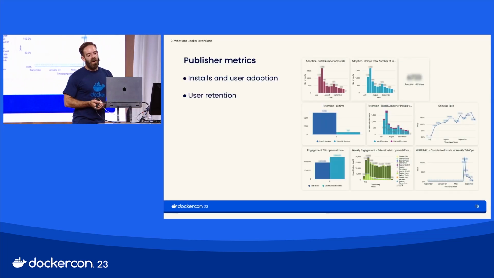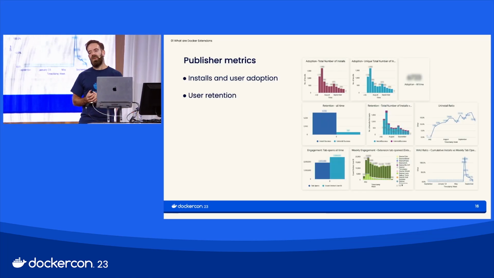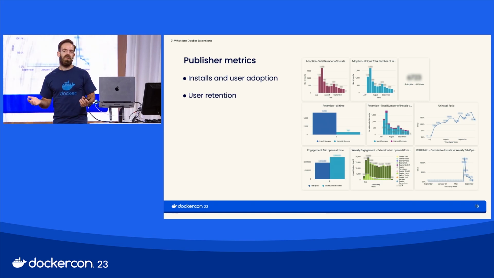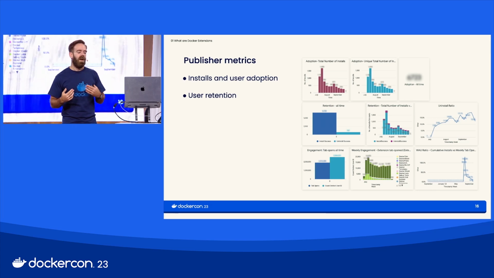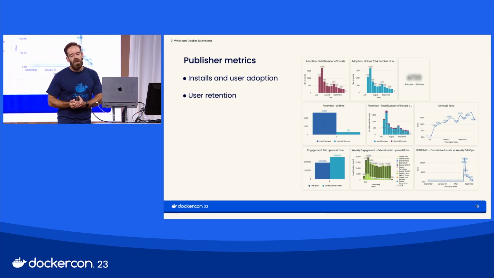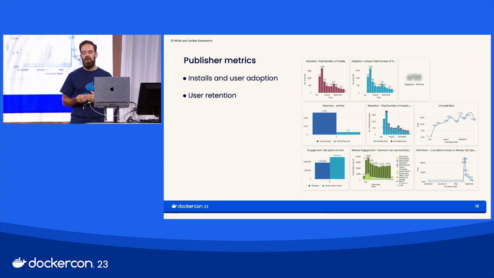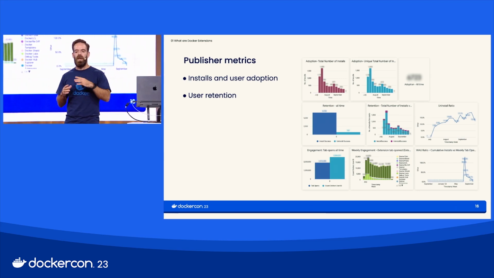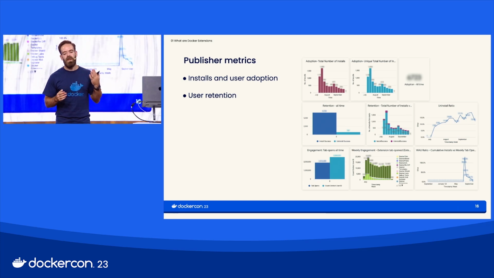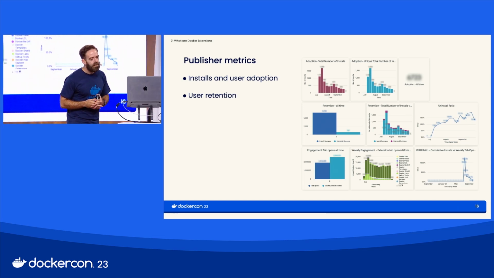So yeah, we share our numbers, but we don't keep all numbers to ourselves. We also share some of these numbers with publishers. The publishers that partner with us with extensions are getting some useful data about how the users are using extensions and having some rates, installs versus uninstalls, and some user retention as well.